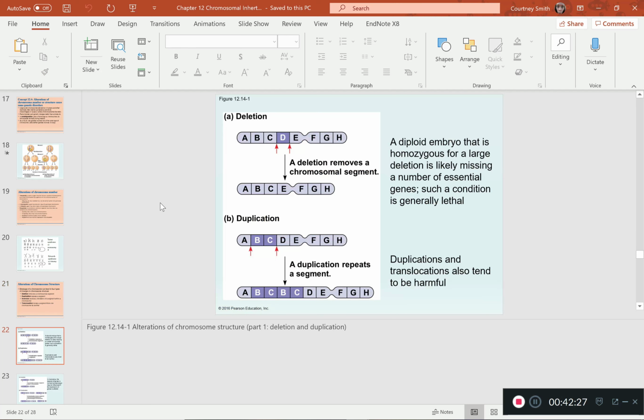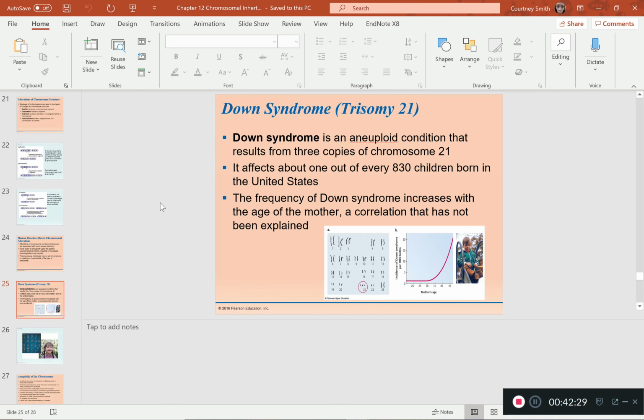Now, where's Down syndrome? With Down syndrome, this is the trisomy of 21. This one's also an aneuploidy, in the sense that you have too many or the wrong number of chromosomes. So this is where they have 3 copies of 21. Same thing with Down syndrome compared to Edwards syndrome, there are multiple severity levels.